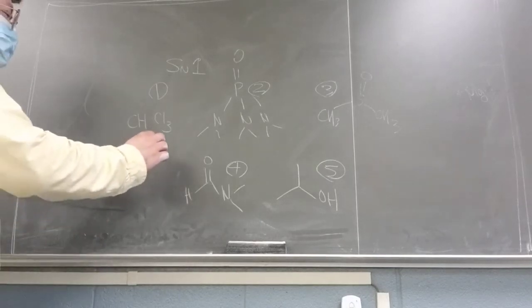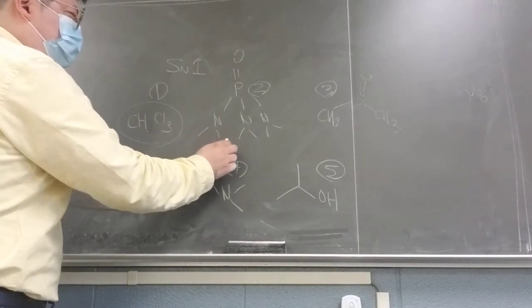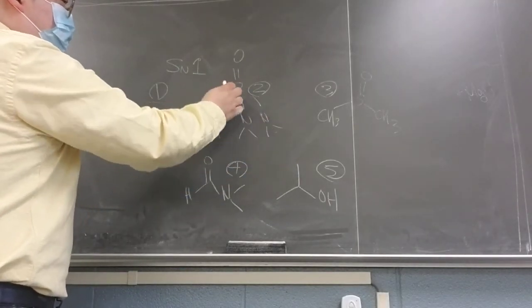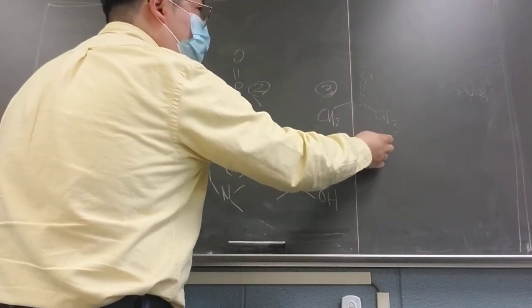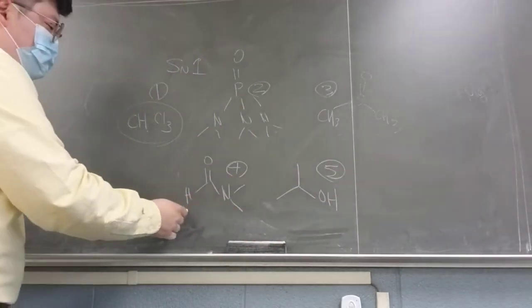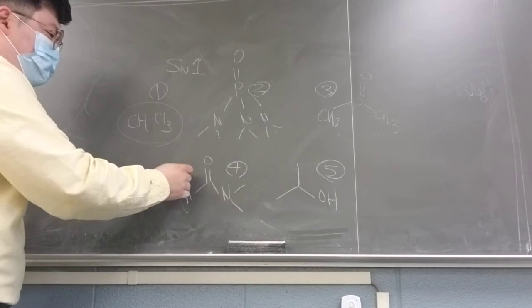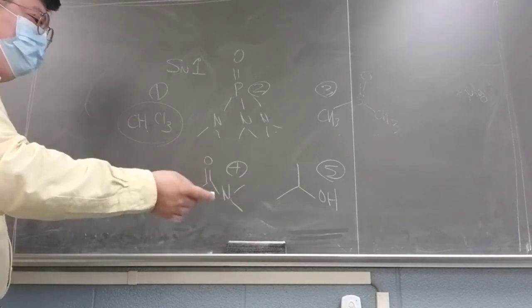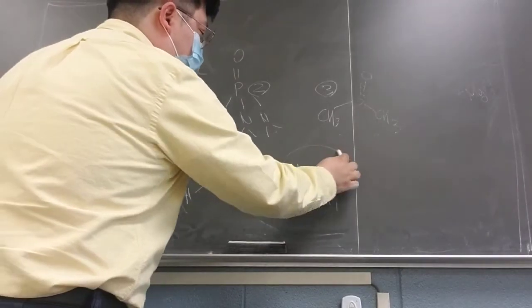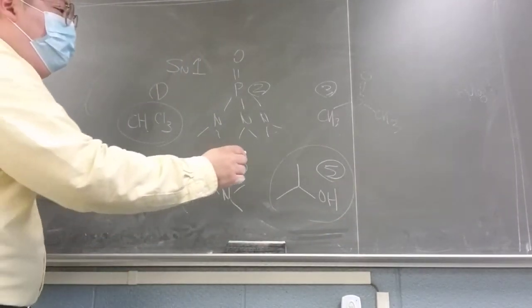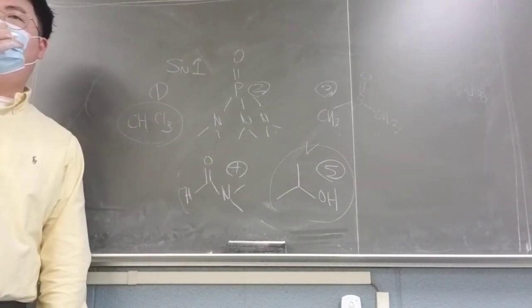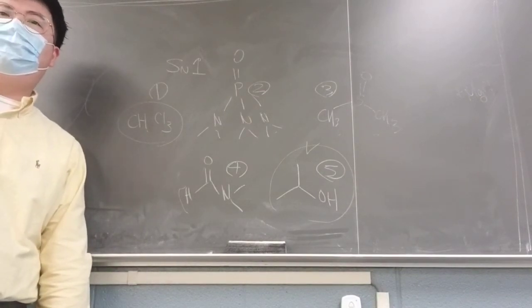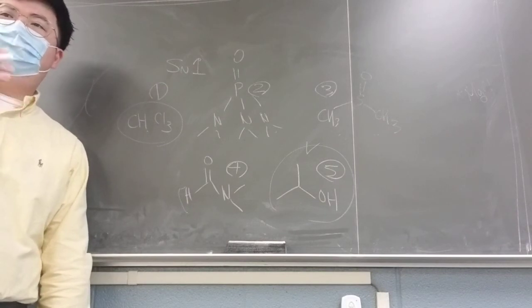Okay, so this is chloroform. This is hexamethylphosphoramide, and this is DMSO, dimethyl sulfoxide. This is dimethylformamide, and this is isopropyl alcohol. So this will be number 5, because just remember for SN1, you need to have a polar protic solvent, meaning a solvent that is able to do hydrogen bonding.